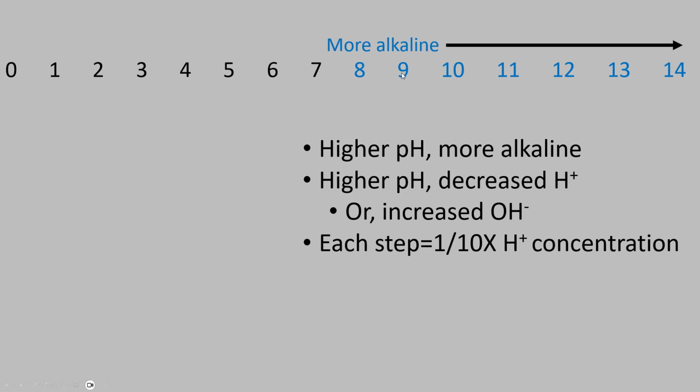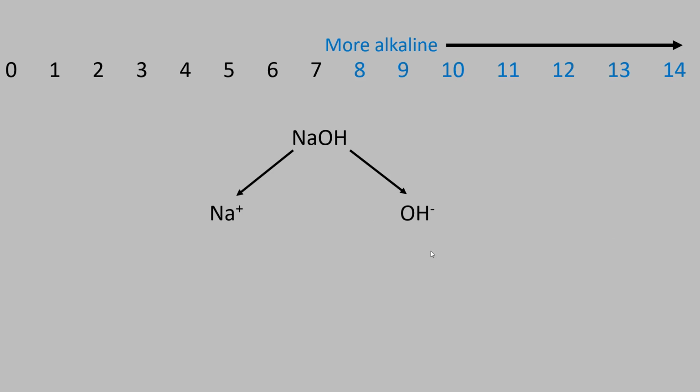So 9 has 1/10 the H plus concentration of 8. Or if we're talking about OH minus, 9 has 10 times as much OH minus as 8. That can be a little bit tricky. So let's look at another real world example.